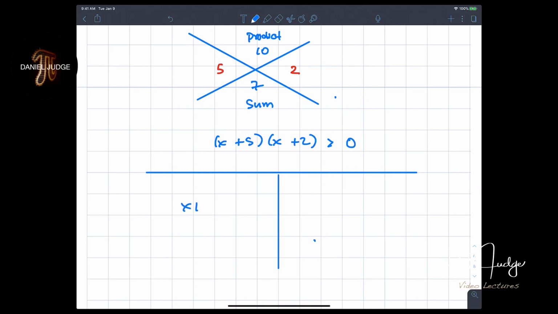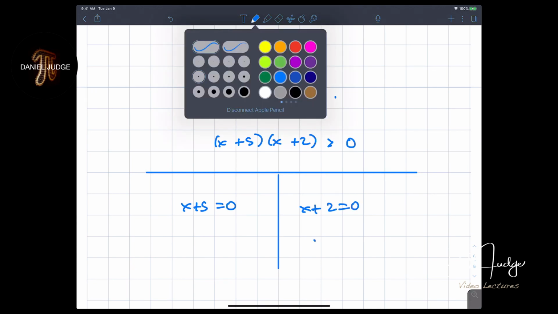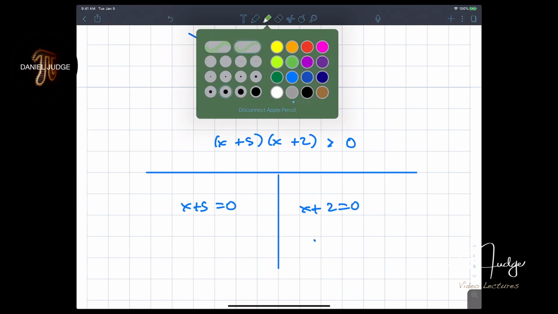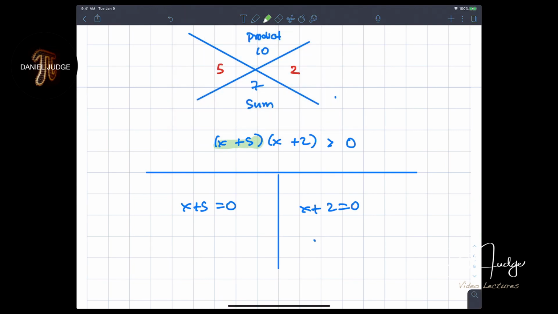So again, the 0 product rule says x plus 5 is 0, x plus 2 is 0. First term, there it is, that's 0.